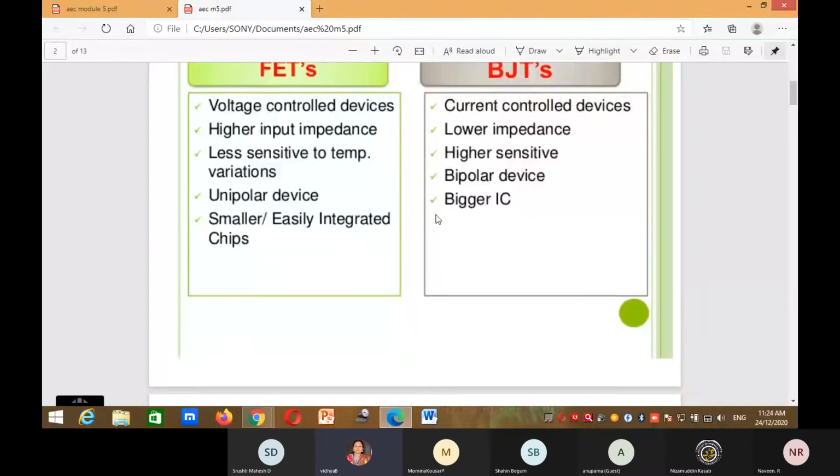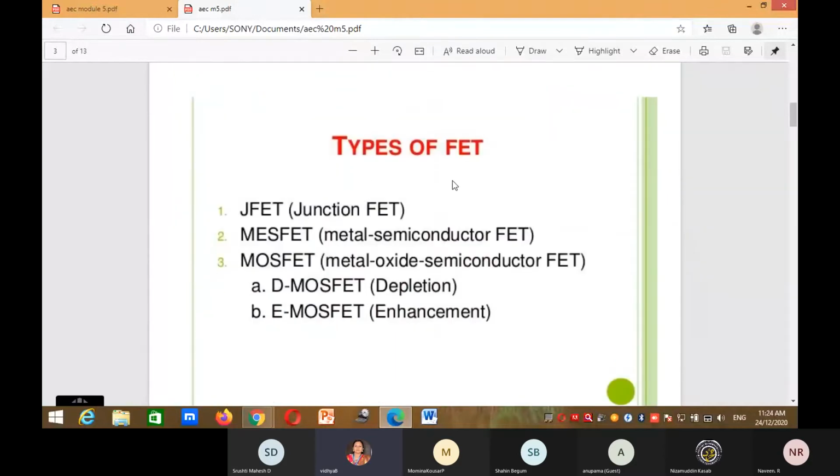Next we shall go for the types of FET. The first is JFET, that is junction FET, the second is MESFET, that is metal semiconductor FET, and the third is MOSFET, metal oxide semiconductor FET. In MOSFET there are two types, D MOSFET and E MOSFET.